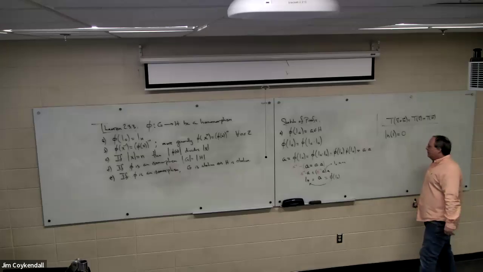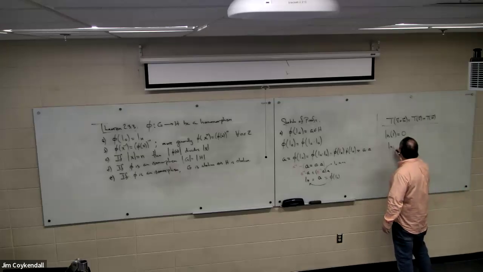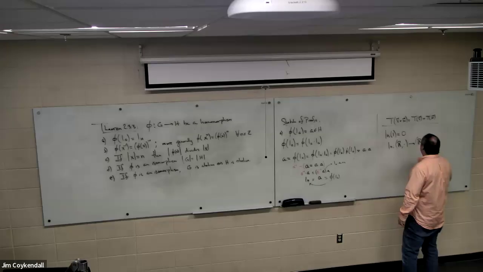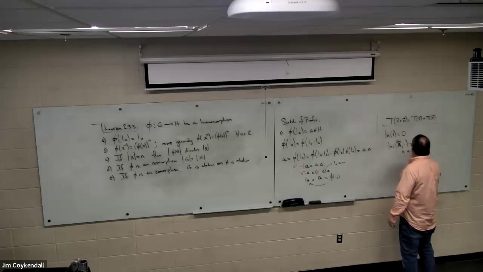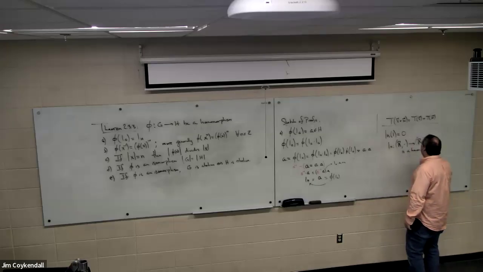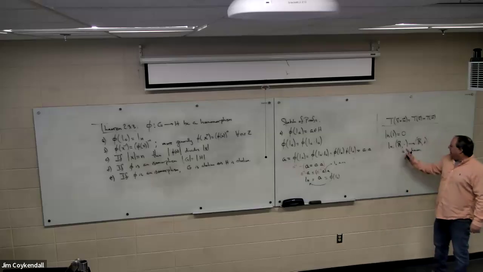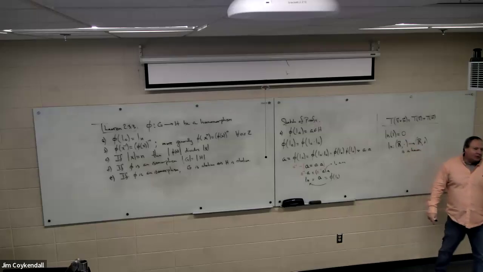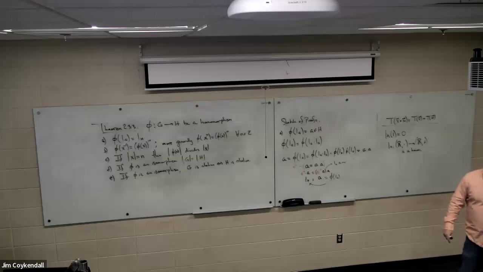All right. Remember, the natural log from the reals under multiplication to the reals under addition is a homomorphism. The identity here is 1. The identity under addition is 0. You've got no choice. The natural log of 1 has to be 0.